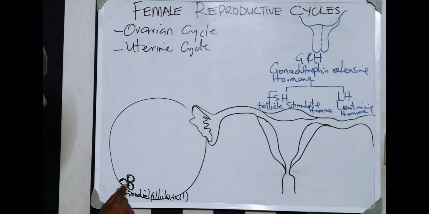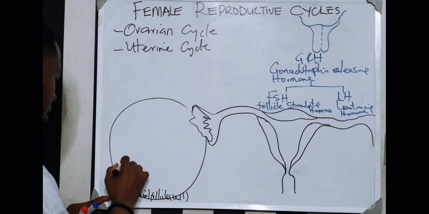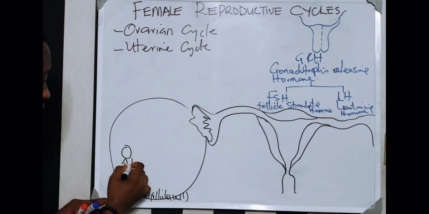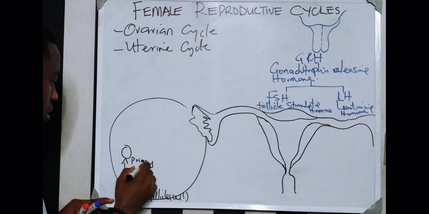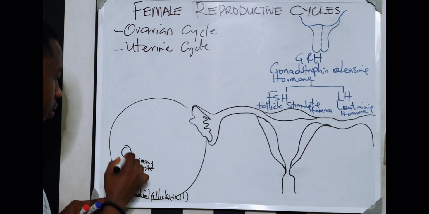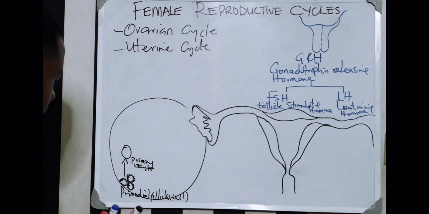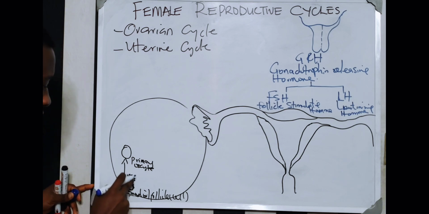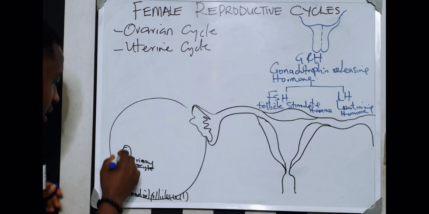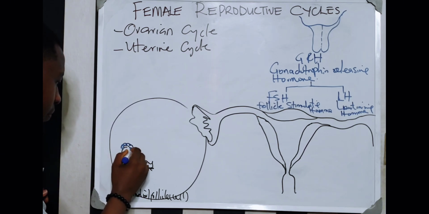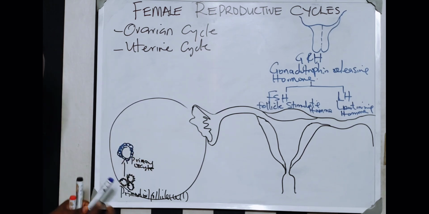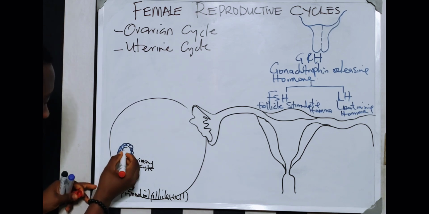Now, it develops to form a type of cell known as the primary oocyte. Because of further differentiation and further development, the follicles around the egg become thicker than that of the primordial cells.